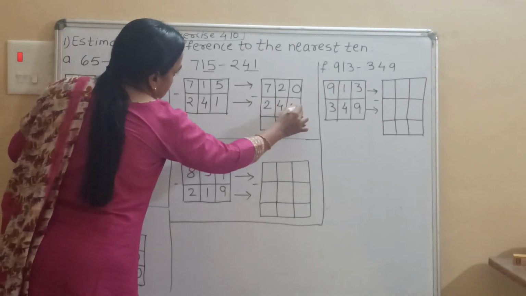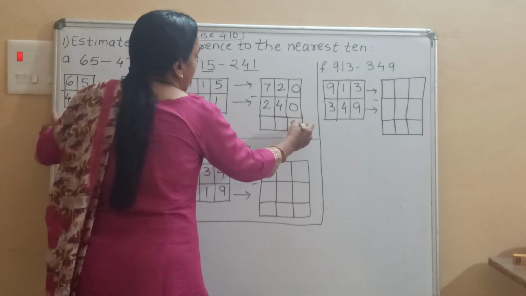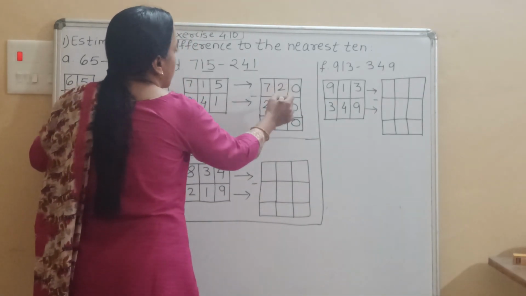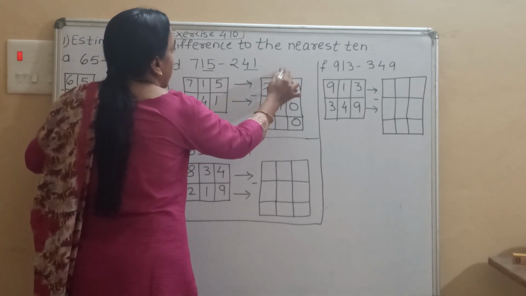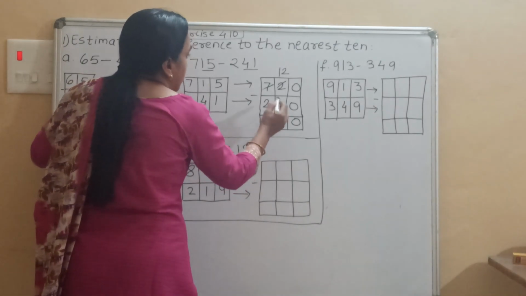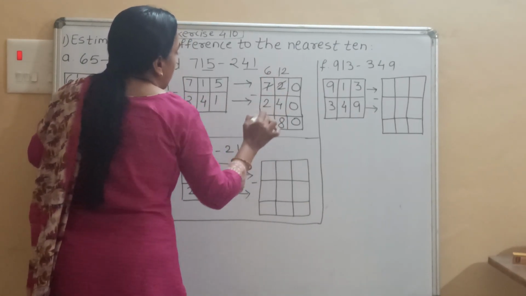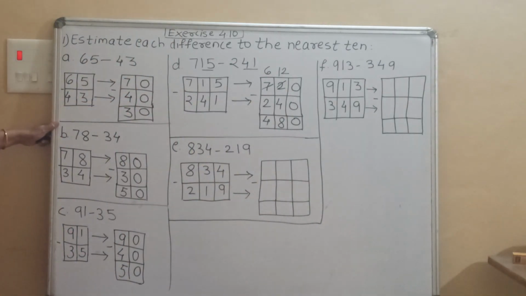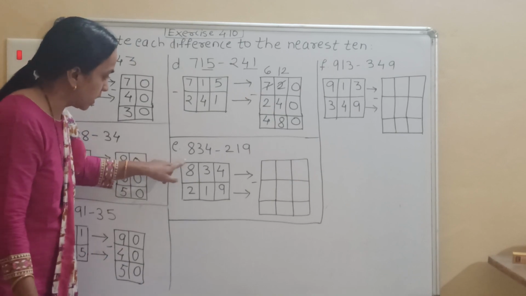So you can write here 240. Now do the subtraction. 0 minus 0, 0. 2 minus 4. Is it possible? No. So take 1 from this 7 and write down here 12. 12 minus 4, 8. 7 minus 1, 6. 6 minus 2, 4. So what is our answer? 480.